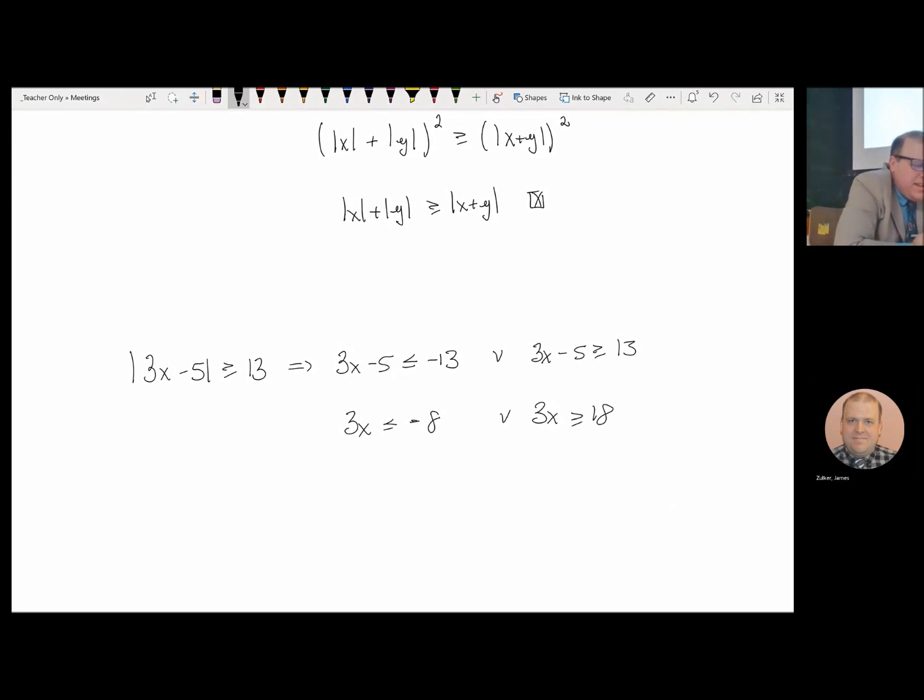Right, add 5, so we get 3x less than or equal to negative 8, or 3x is greater than or equal to 18, right?